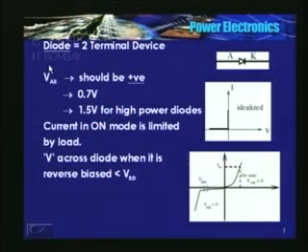First one is the diode. It is a two-terminal device. All of us know, we have been studying it since maybe class 11. Anode and cathode. If VAK, the voltage across the diode, is positive, then it is said to be in forward bias mode and the diode starts conducting.